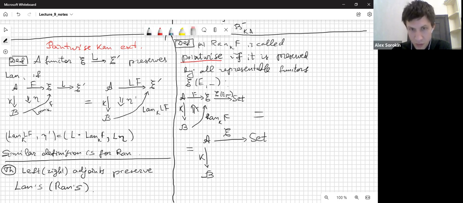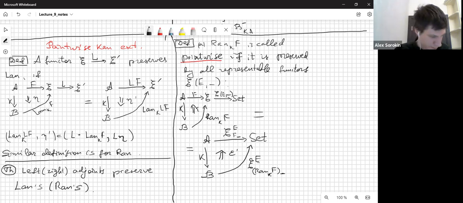Again, I'm using the profunctor notation or Einstein notation that I used so many times today already. So the argument goes here. And here is our E, and here will be Ran K F, blank. And of course here some epsilon prime. I'm not writing which one it is, it's obvious: it's the composition of a representable functor and epsilon. So it is pointwise if it's preserved by our representable functors.